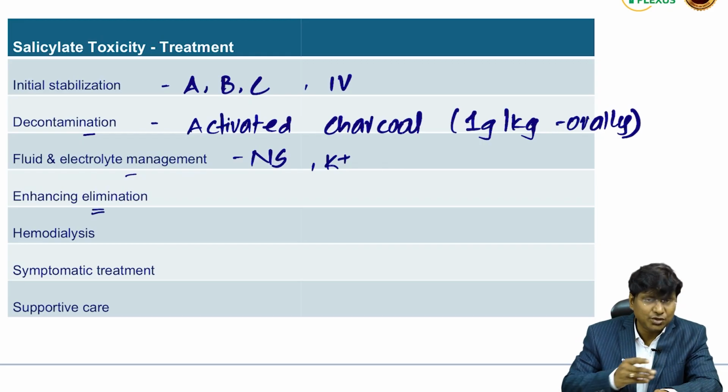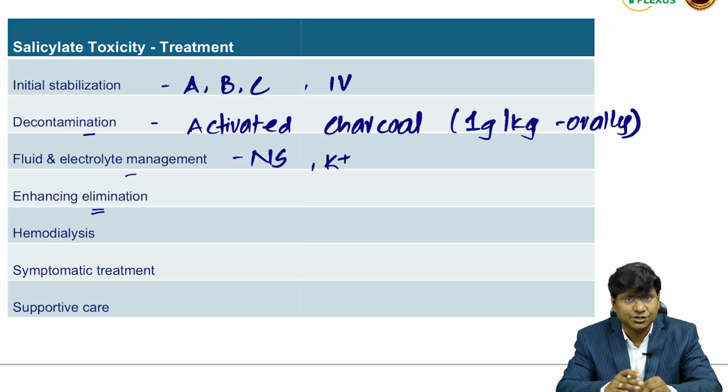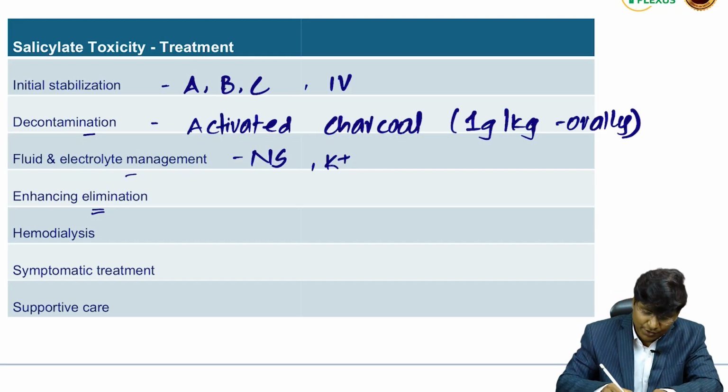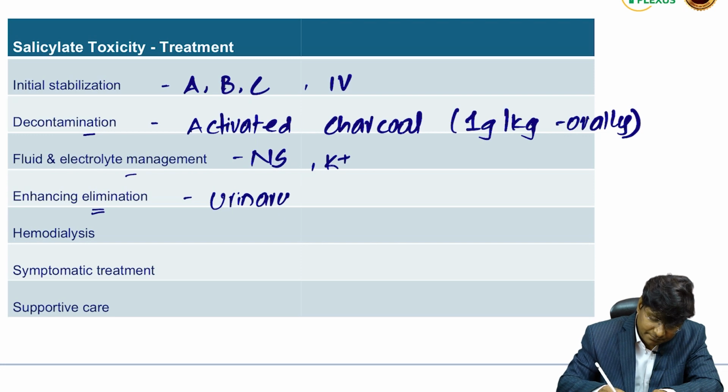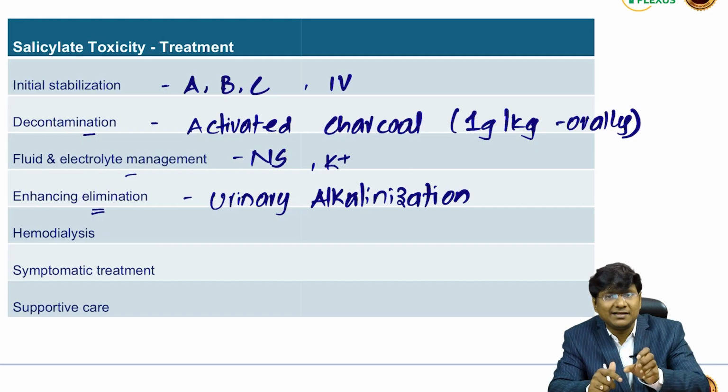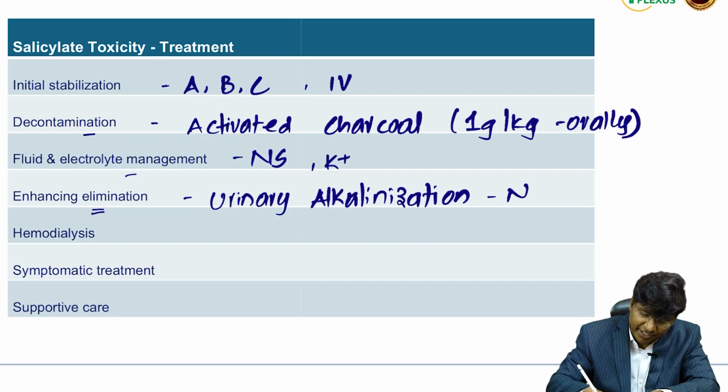And you also need to enhance the elimination. Enhancing the elimination can be done by urinary alkalinization. Right, urinary alkalinization has to be done, and the substance required for urinary alkalinization is sodium bicarbonate.